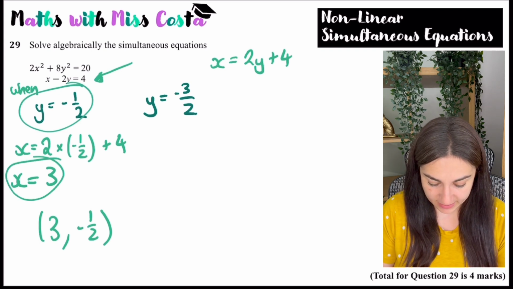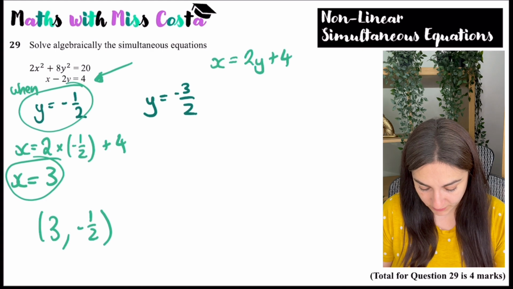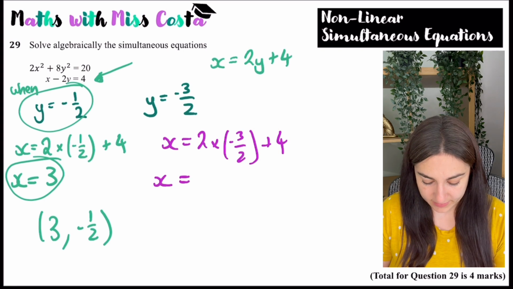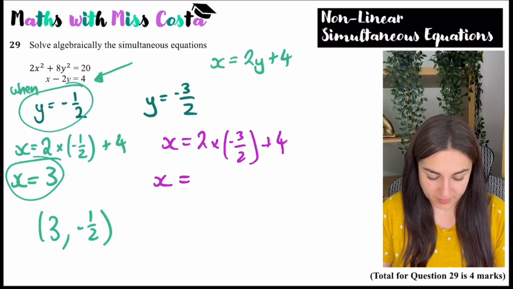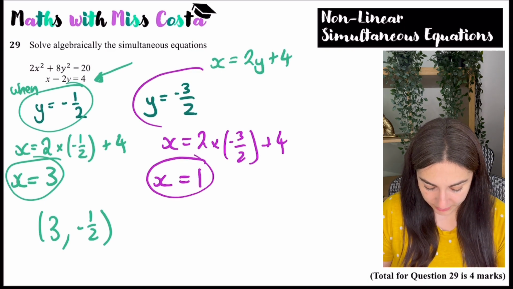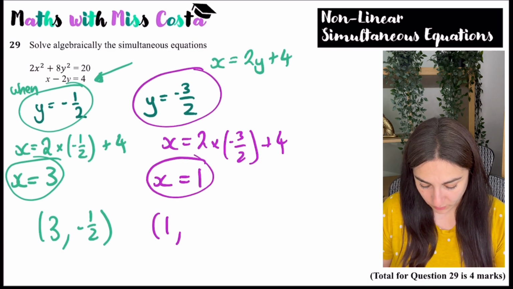And then if y is minus 3 over 2, x is going to be 2 times minus 3 over 2 plus 4. And 2 times minus 1.5 plus 4 equals 1. If it was coordinates, it would be 1, minus 3 over 2.